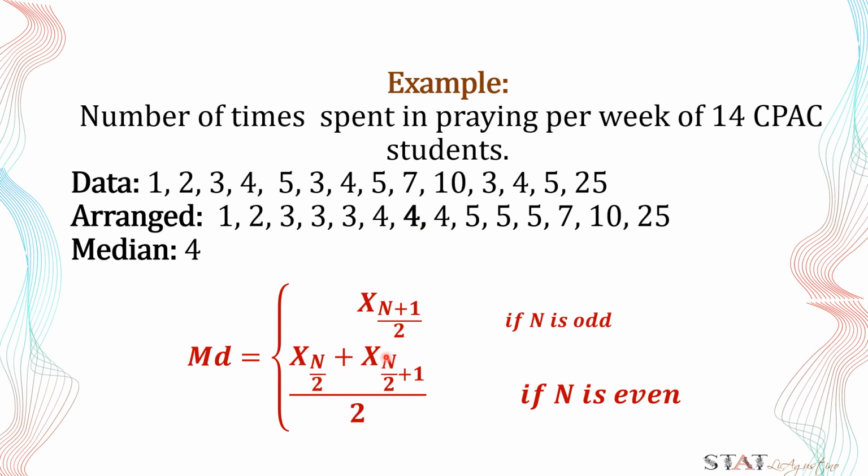Plus x of n divided by 2 plus 1, so 7 plus 1 is 8, the seventh and the eighth values. So 4 plus 4 is 8, divided by 2 is 4. So the median is 4. Sometimes the median is not a whole number, depending on your data set.